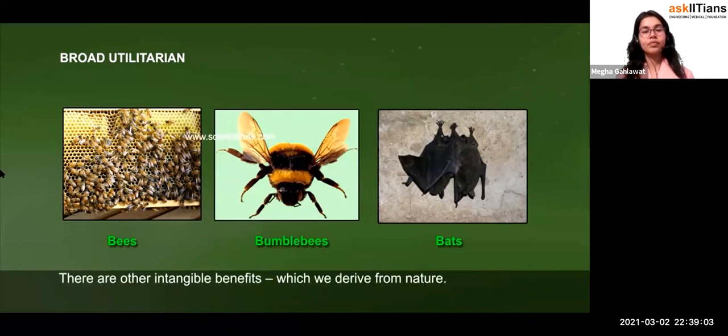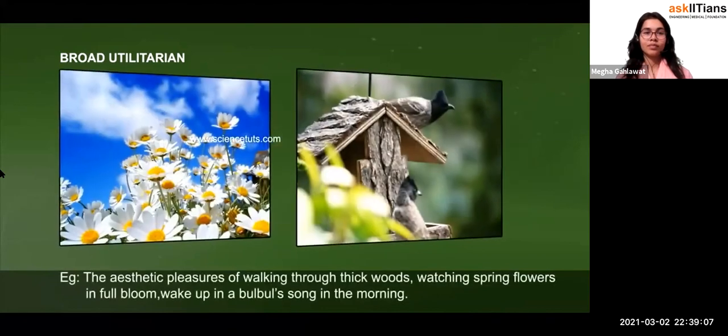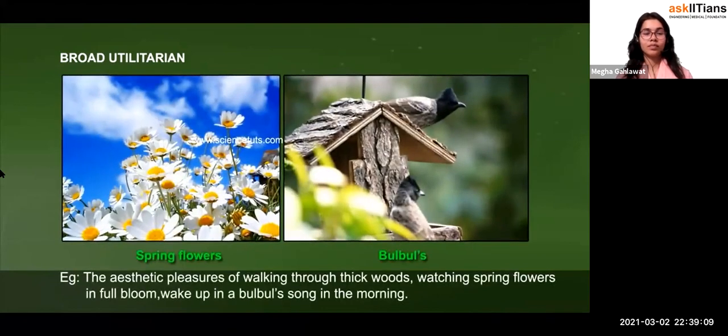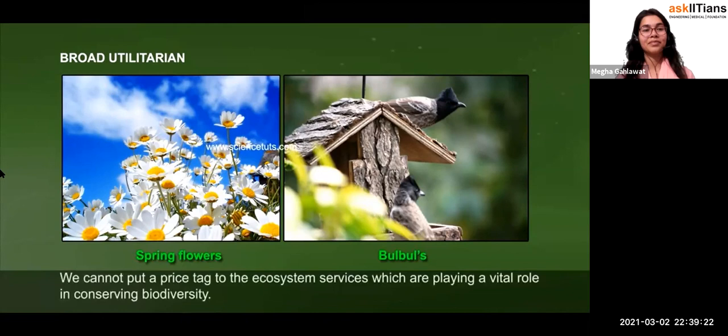There are other intangible benefits which we derive from nature. Example, the aesthetic pleasures of walking through thick woods, watching spring flowers in full bloom, waking up to a bulbul's song in the morning. We can't put a price tag on the ecosystem services which play a vital role in conserving biodiversity.